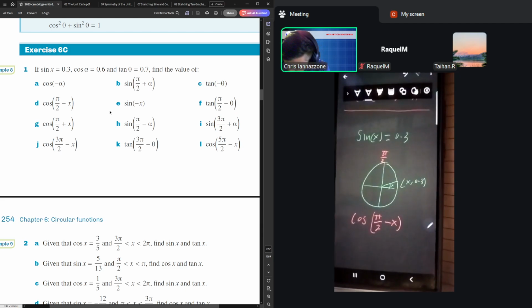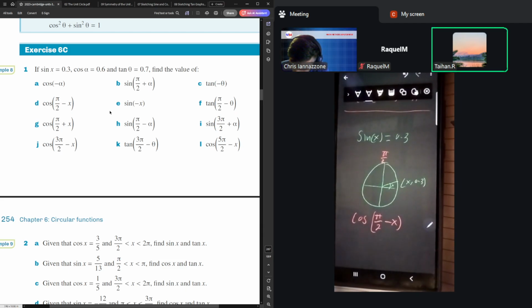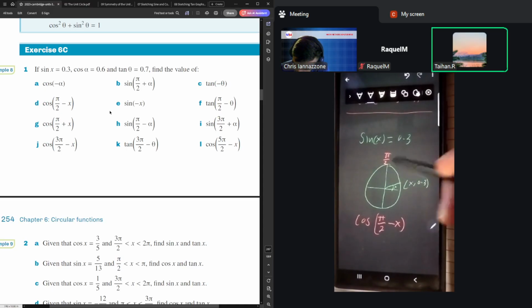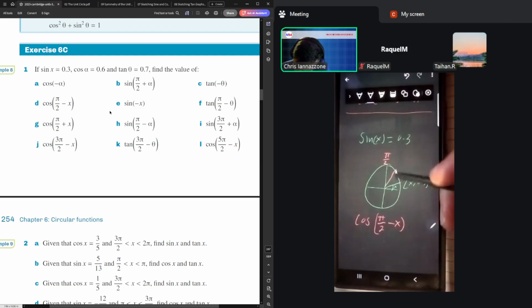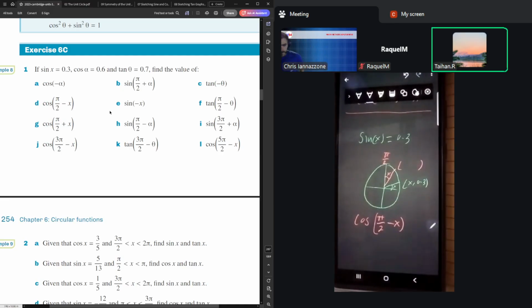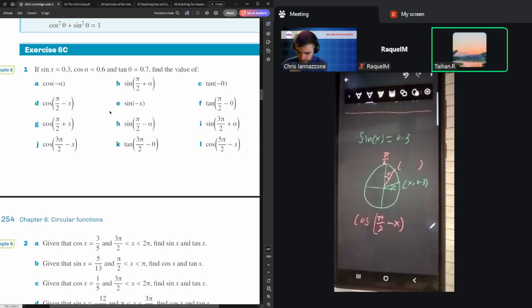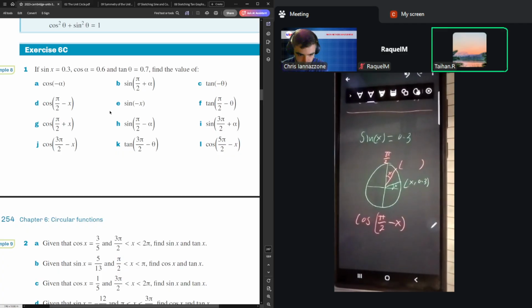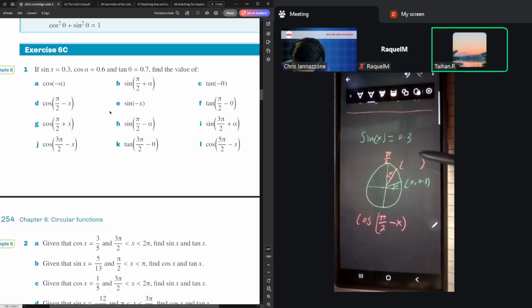That's good. And then since we're minusing x, we're going to go in a clockwise direction. Yep. That's good. And the coordinate would be, not 100% on the coordinate here.